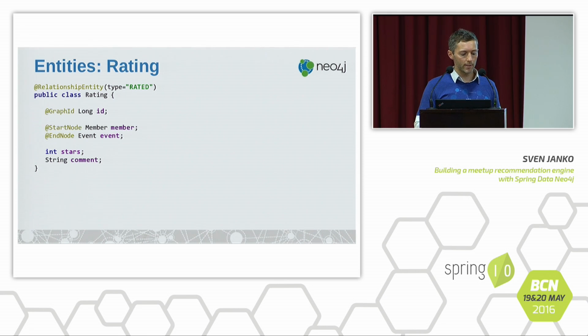So let's say we have a member which is connected to an event, and this event has been rated with some parameters by the user or by the member. In that case, we are choosing stars and comment. And those two are then our properties that are on the relationship type, on the relationship actually. And the annotation name for that is relationship entity.